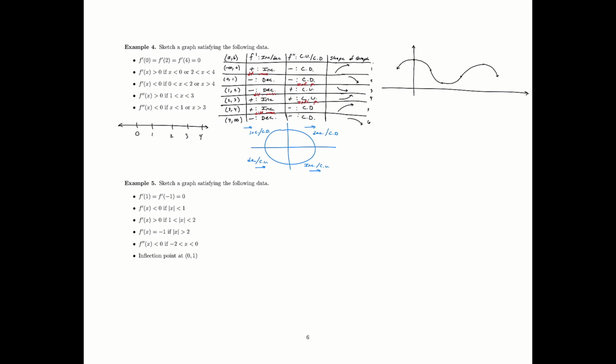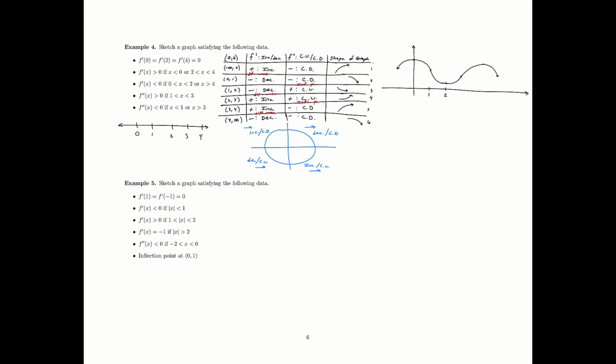Then we have an inflection point at x equals 1. So right here is x equals 1, so let's just mark that as x equals 1. There's our inflection point. This is concave down. This is concave up. So here at the bottom, it looks like this little dot should have been moved over slightly. That's fine. But there we have our differentiable minimum, which happens at x equals 2.